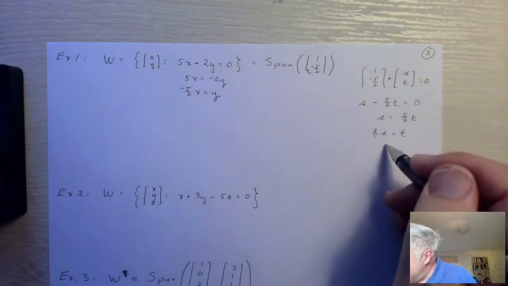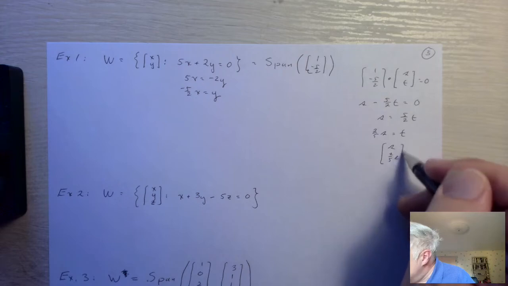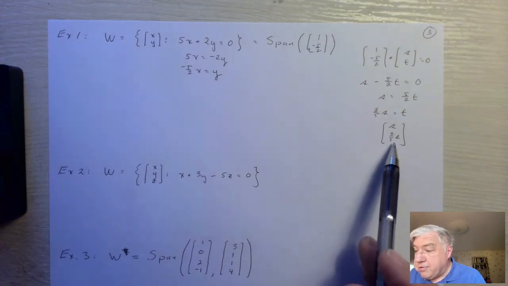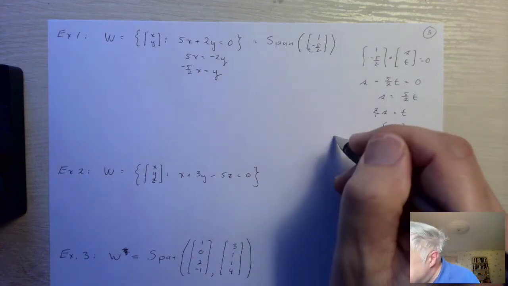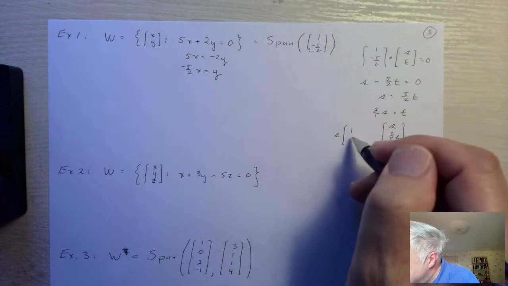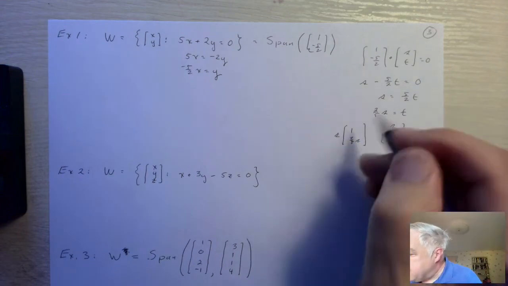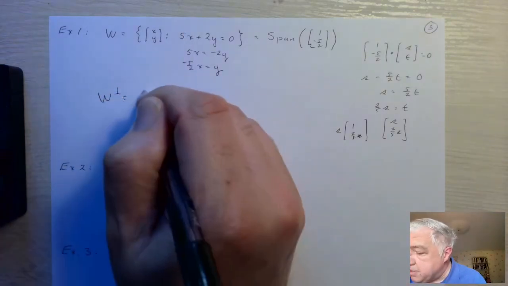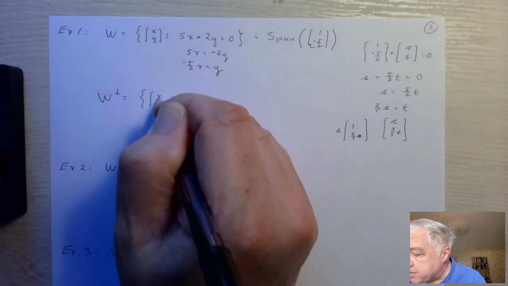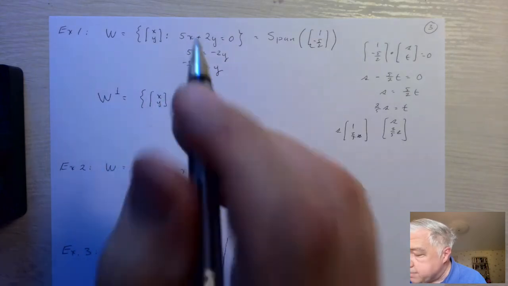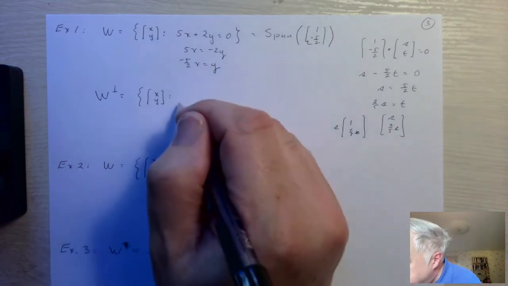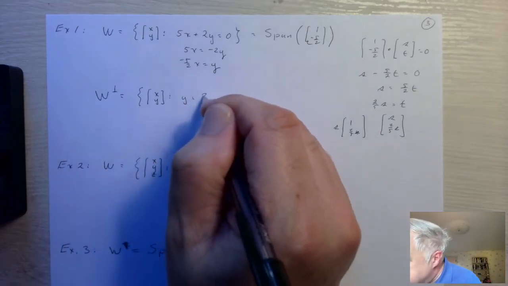So this s, t is really going to be s, 2/5 s. This is a typical element in the complement, which is just s times 1, 2/5. So W perp is going to consist of all vectors x, y where y equals 2/5 x.